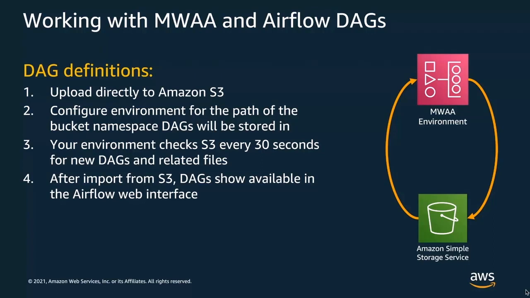Upload those directly to S3. From there, you configure your environment such that it points at the specific bucket and path for where your DAGs are to be found. And then your environment actually polls your S3 bucket looking for new information about every 30 seconds. And so it should pretty quickly pick up any new data that's put in there.